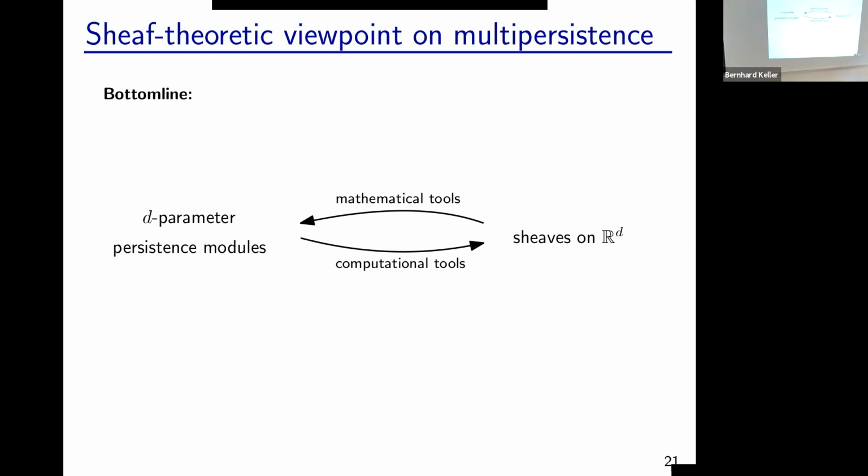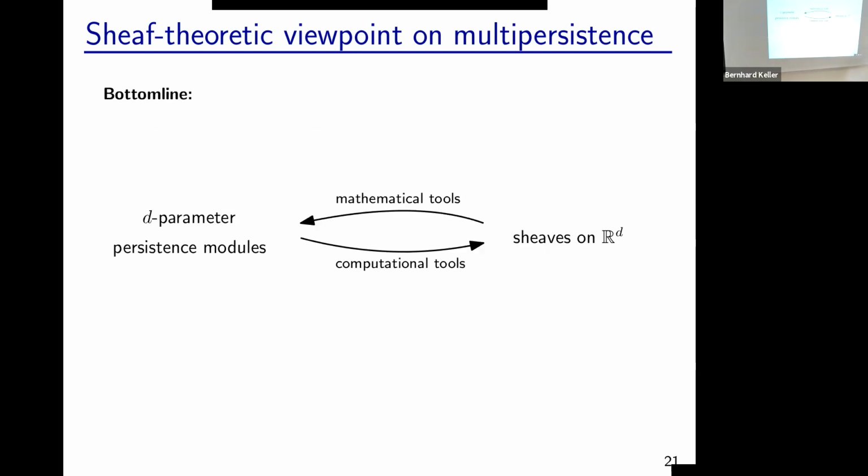There's a whole toolbox that, if we could connect the two, we could import to the realm of d-parameter persistence modules. In the other direction, it could be a win-win situation in the sense that the computational tools that have been developed in this realm could maybe be adapted to work on sheaves. So that was the hope.